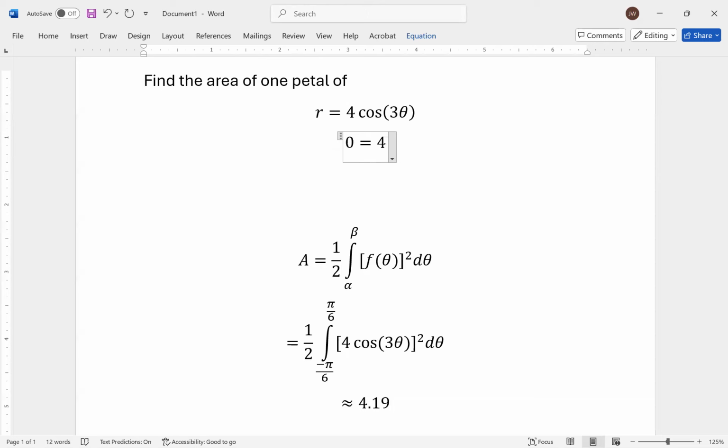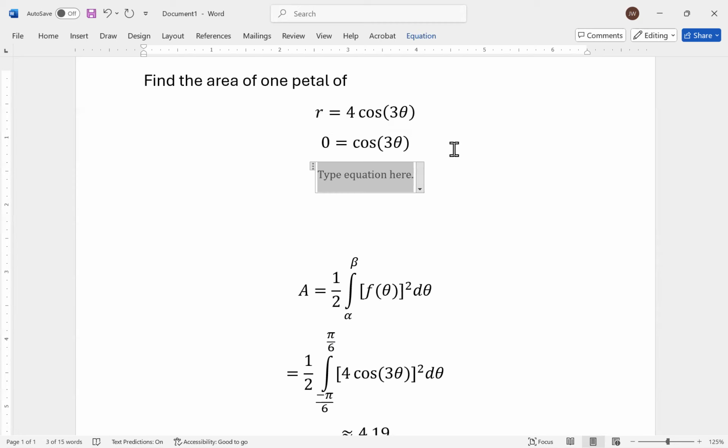So if you're trying to figure out values that work, values that hit the origin, all you have to do is realize that when I hit the origin, r is 0. And so solving this equation, I would divide both sides by 4. And then say, when does cosine equal 0?